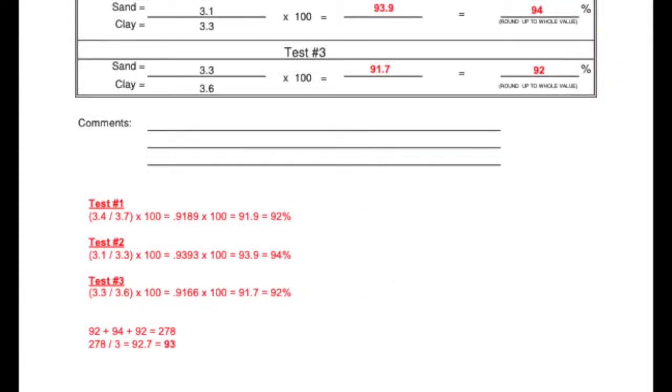It's very important how we round these numbers. Test 1 is a 91.9. You round that to a 92. Test 2 is a 93.9. You round that to the 94. Test 3 is a 91.7. We're going to round that to a 92. Very, very important.